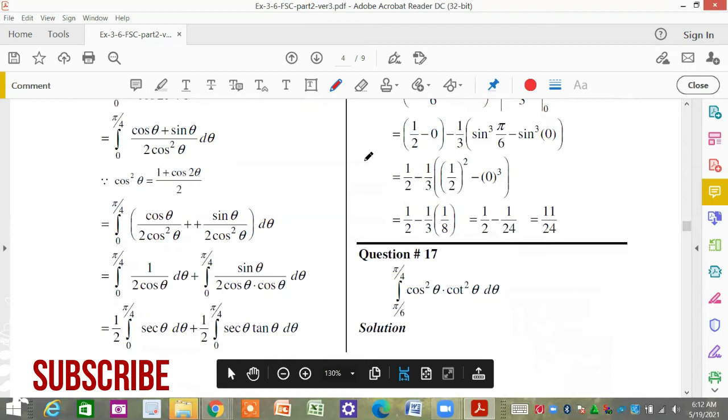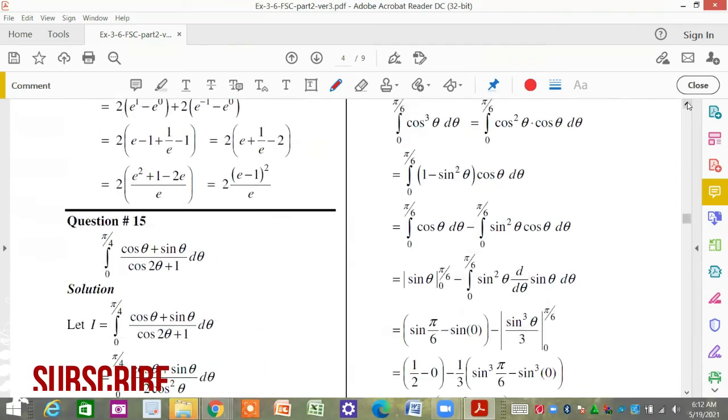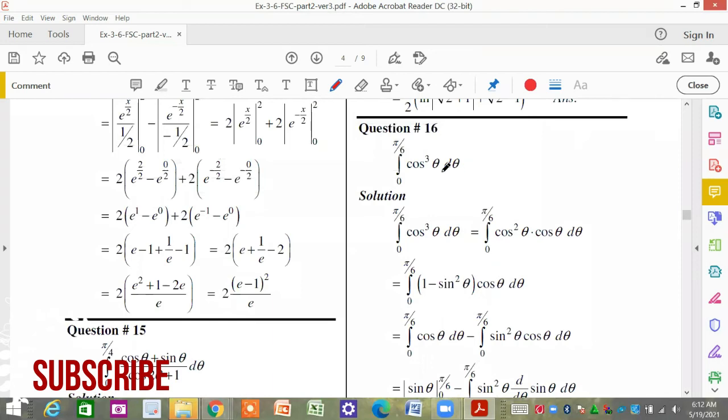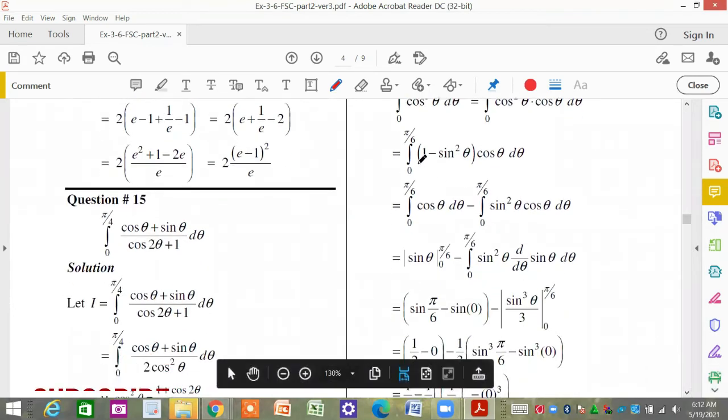So after question number 15 we will write question number 16. How to find the solution of question number 16? Question number 16 is the integral from 0 to pi over 6 of cos 3 theta d theta. So we can write cos cubed as cos square and cos theta. After putting the value of cos square theta, our solution will be 1 minus sine square theta.